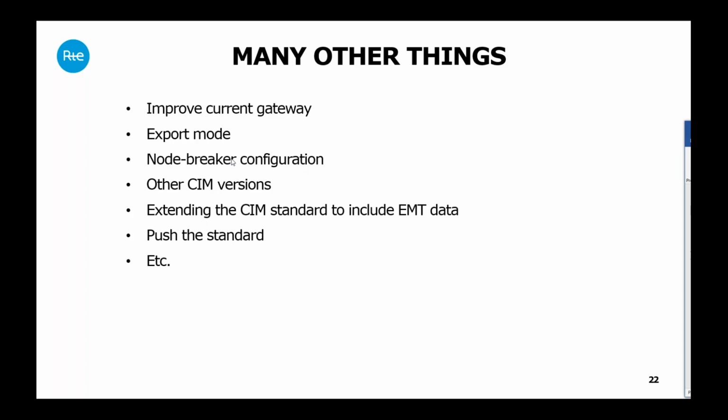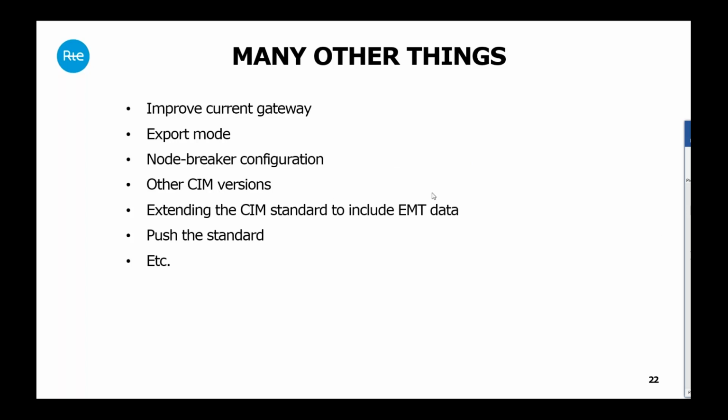It's part of CIM. All the tests have been done with the bus branch model. Bus branch is a simplified version of a network topology. So we can test node breaker, which is a detailed version. We have never tested it, but in the future we need a test case for node breaker.